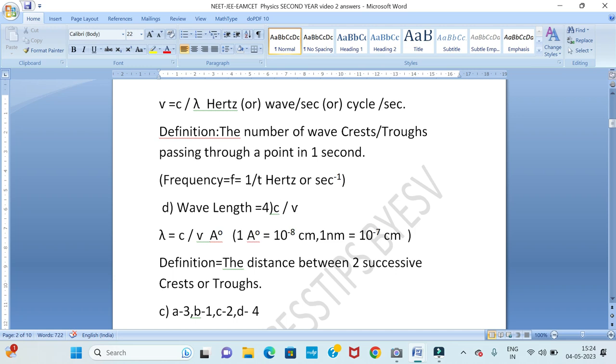Angstrom has 8 letters, so we take 10 to the power of minus 8 cm. For 1 nanometer you add 1: minus 8 plus 1 is minus 7. Like that we can remember.